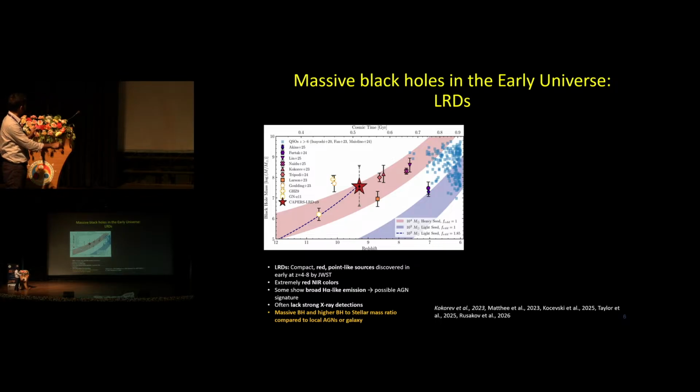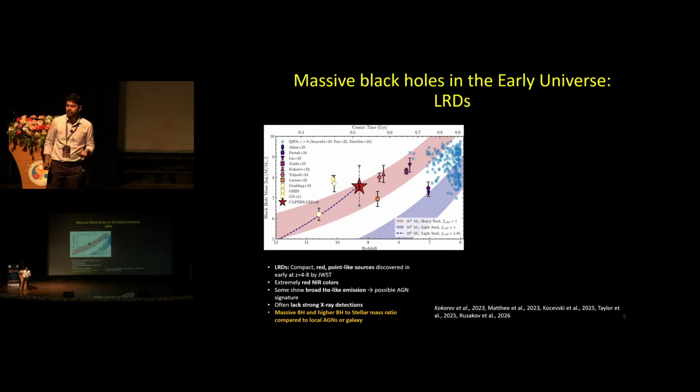The redshift is going backward in this direction, so the time is getting closer to the early universe. When the universe was 0.5 gigayears old, we see the presence of massive black holes of 10 to 100 million solar masses.